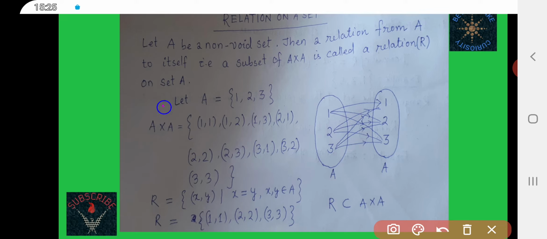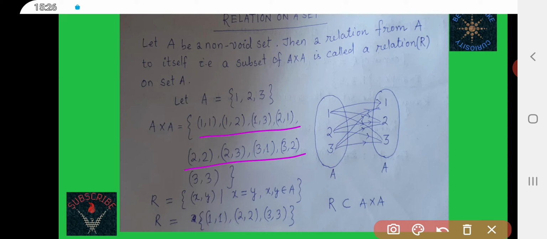Example: set A contains 1, 2, 3. So A cross A contains these elements: (1,1), (1,2), (1,3), (2,1), (2,2), (2,3), then (3,1), (3,2), (3,3).